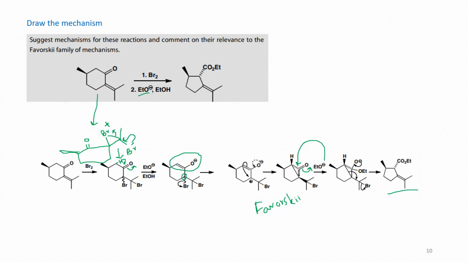Whenever there is a ketone compound, with the alpha hydrogen on one side and an alpha leaving group on the other side, that undergoes a Favorskii type of reaction. Usually in presence of base, that undergoes a Favorskii type of reaction.